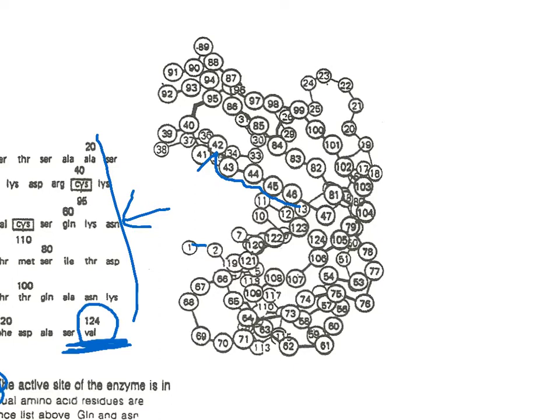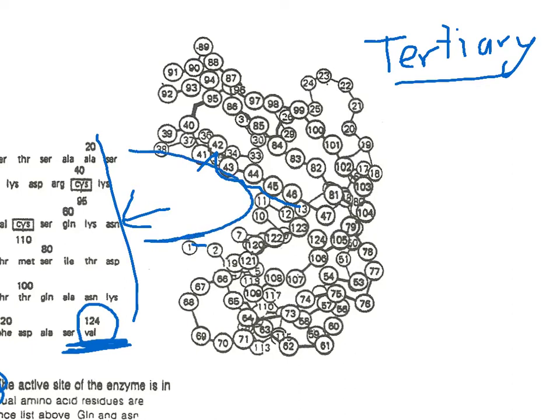And so what level of structure is expressed by this diagram? Well, it would be what shape? Tertiary. Secondary structure is not expressed by this diagram, but now we have the tertiary structure showing the shape that this protein takes. And so this protein happens to be an enzyme, and it has what sort of looks like a mouth here.